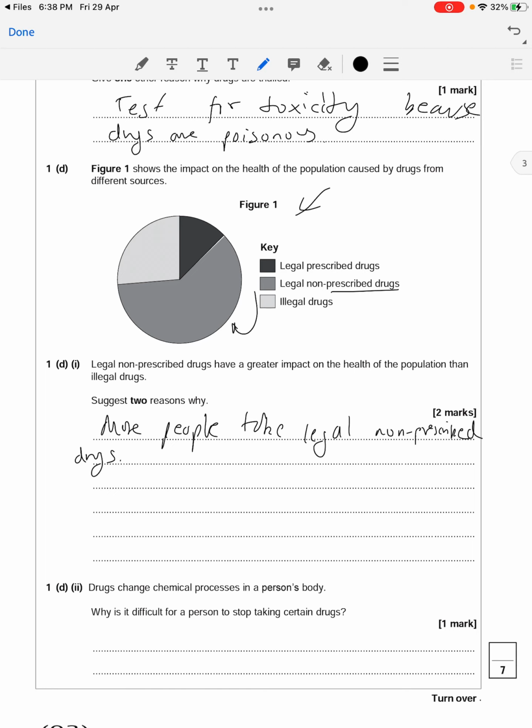And these drugs are more readily available because they are legal.